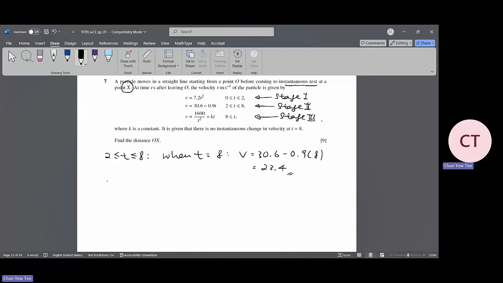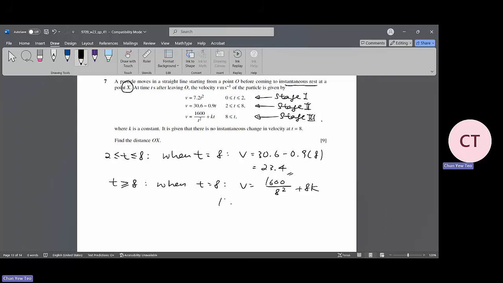Then at stage 3, when t is equal to 8, you get v is equal to 1600 divided by 8 squared plus k. They are the same. These two values are supposed to be 23.4.